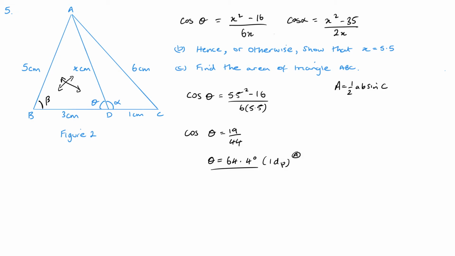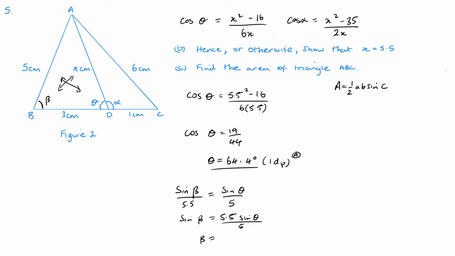So I want to find beta, so sine beta over x, which is 5.5, is going to be equal to sine theta over 5. So sine beta equals 5.5 sine theta over 5, and therefore beta will be 5.5 times sine, and I stored it as A. There we are.